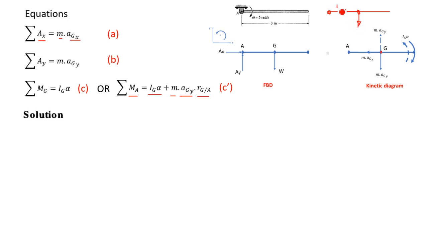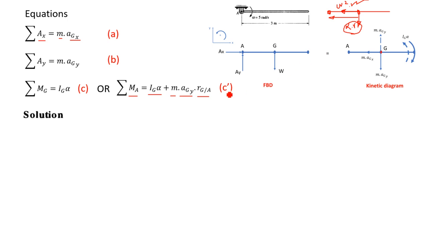So the normal is going to be the omega squared multiplied by the r from here to here. And the tangential one is going to be the same distance multiplied by alpha. So it's going to be alpha times r. So now here we know we can find this one, and here it is going to be found in terms of alpha.